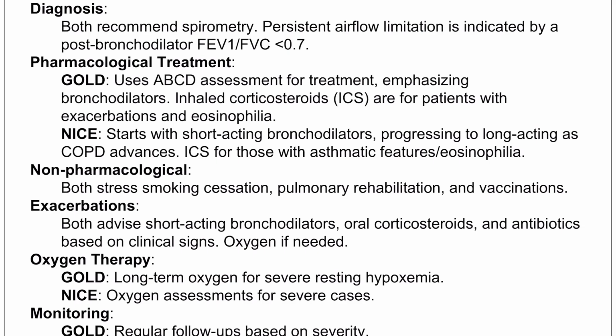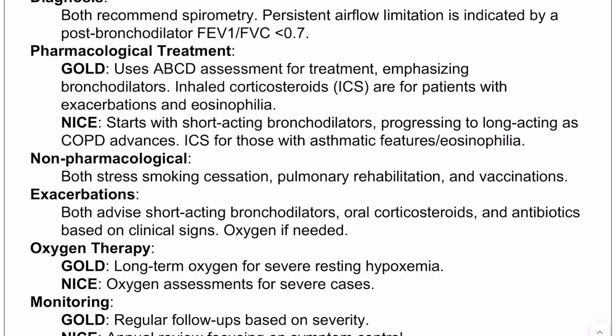Regarding the pharmacological treatment, GOLD uses the ABCD assessment for treatment, emphasizing the bronchodilators, and inhaled corticosteroids are for patients with exacerbations and eosinophilia. So this is what GOLD says. What does NICE say?